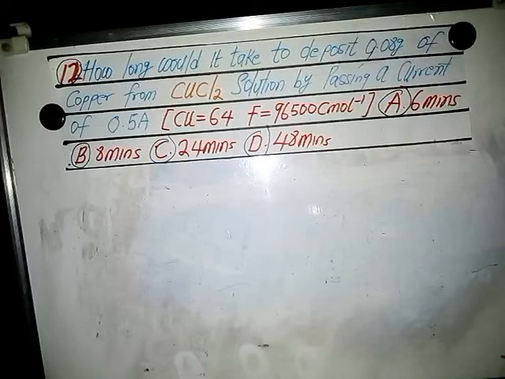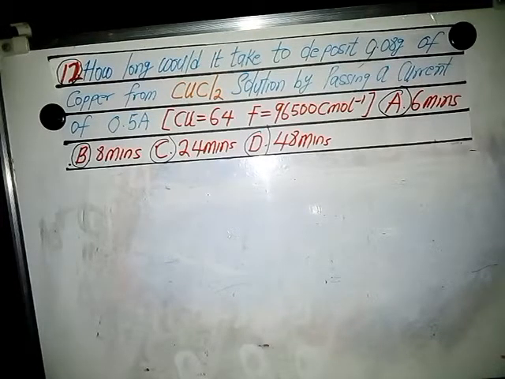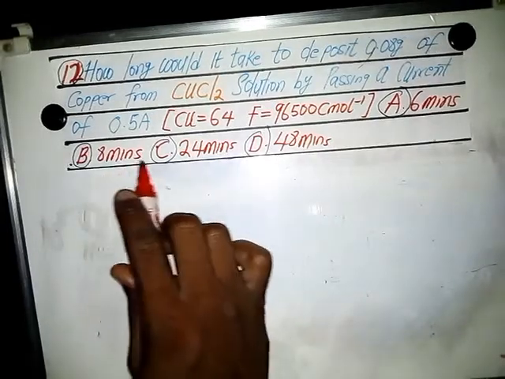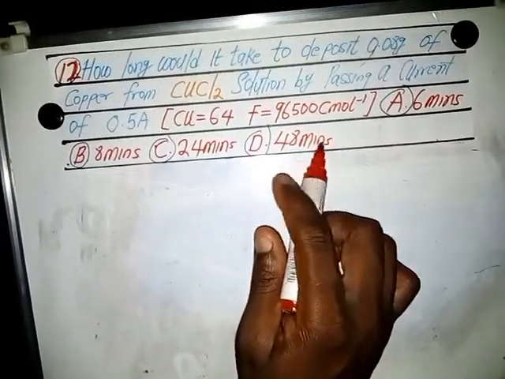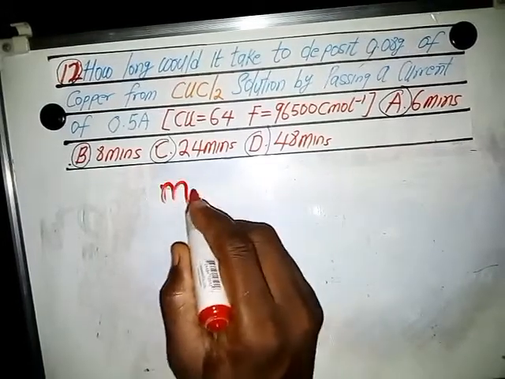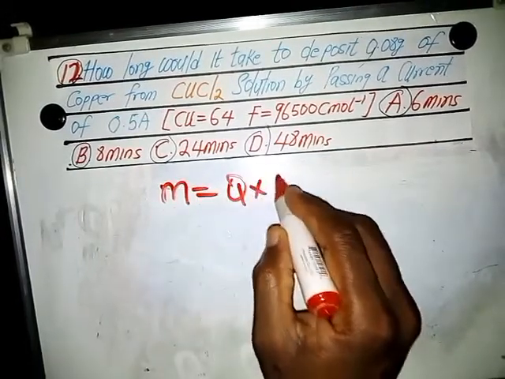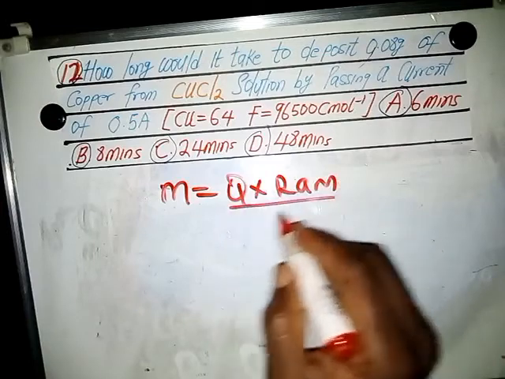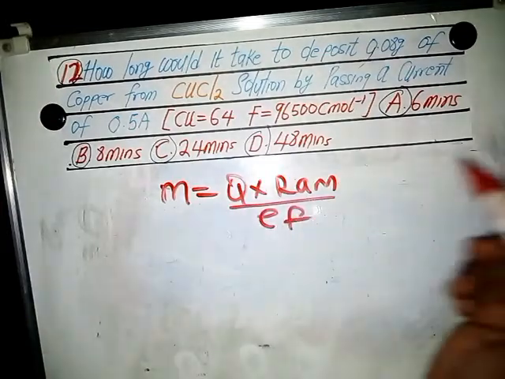Okay, this question: how long will it take to deposit 0.08 gram of copper from CuSO4 solution by passing a current of 0.5 ampere? Alright, so you're looking for time, but remember, the time here now is in minutes. Take note. So we're going to use this formula, M equals Q times RAM over EF.